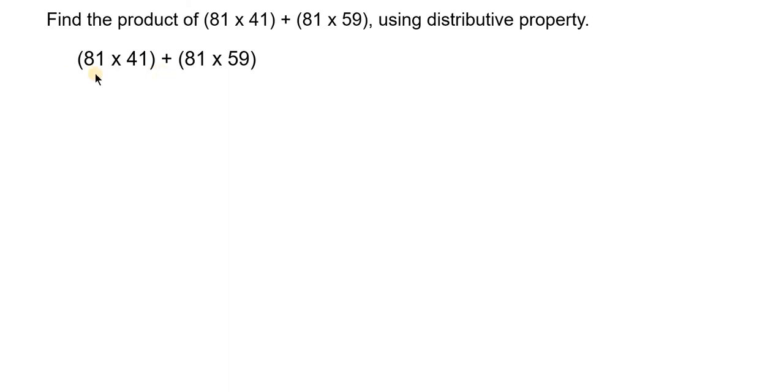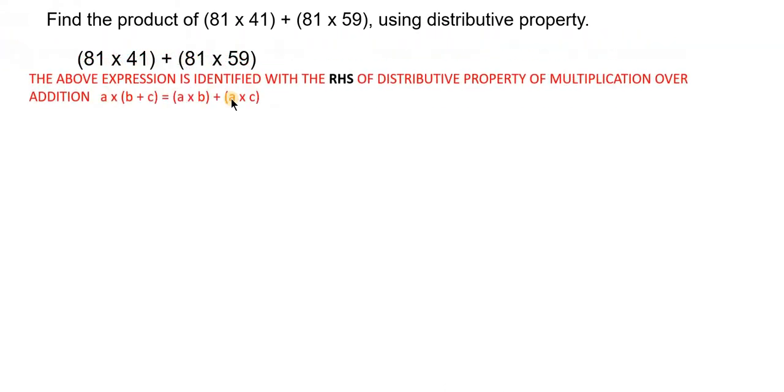You can find the product of 81 and 41 by multiplying it, you can find the product of 81 and 59, and then you can add both the products, but it will be time taking. But I am using the distributive law to cut short the time and do it easily. I see that 41 plus 59 equal to 100. So I will be using that distributive property. I first identify it.